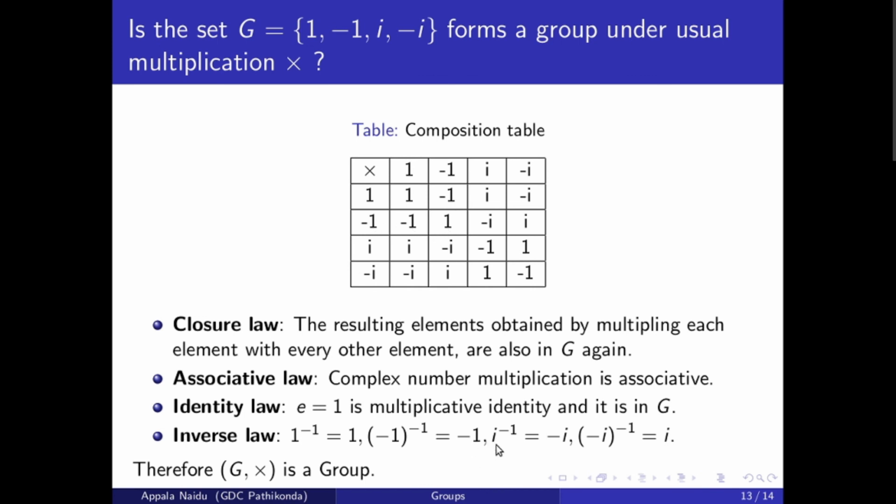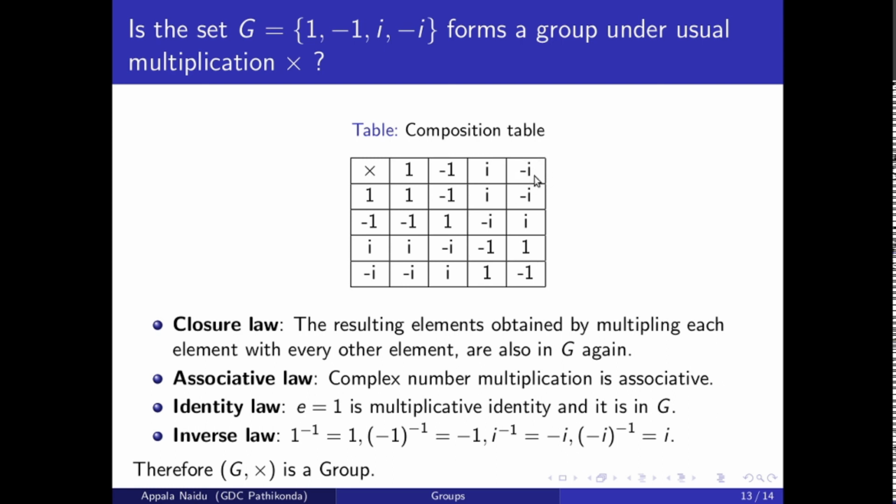To figure out the inverse of i, you look at the row containing i. Where is 1 occurring? Here 1 is occurring, and the corresponding element is minus i.